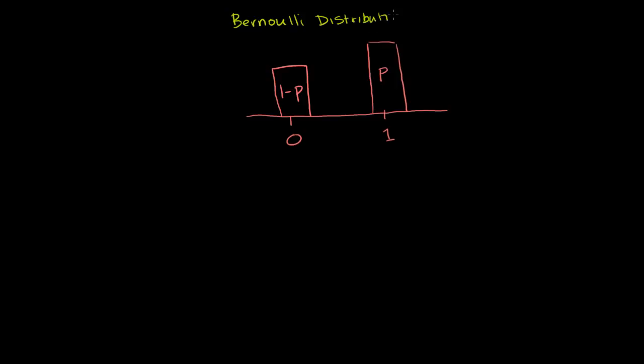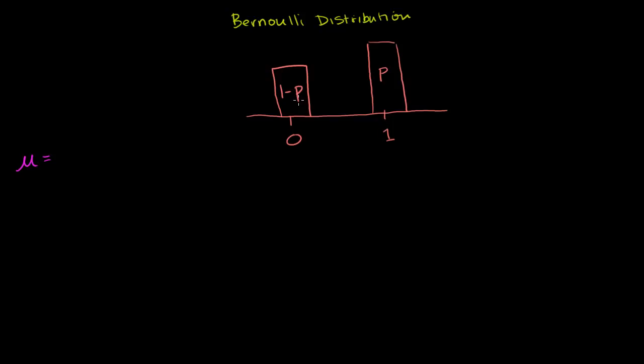I now want to calculate the expected value, which is the same thing as the mean of this distribution. And I also want to calculate the variance, which is the same thing as the expected squared distance of a value from the mean. So let's do that. What is going to be the mean? Well, that's just the probability weighted sum of the values that this can take on.